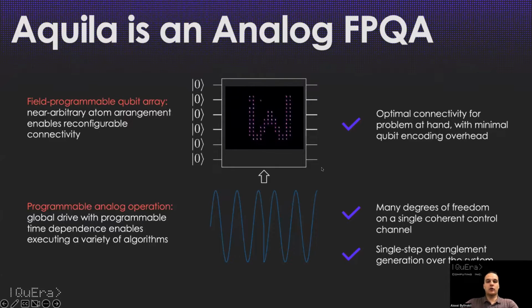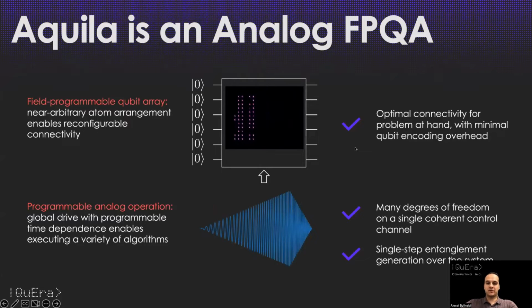These analog waveforms that you apply globally to all of the qubits simultaneously can be in the form of pulses, if you want, phase slips, phase jumps, or ramps of the analog parameters, such as the frequency and the amplitude.